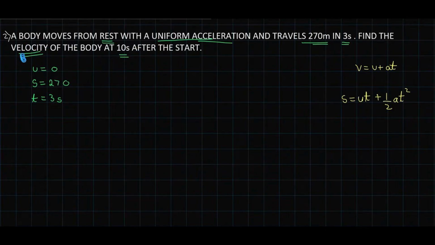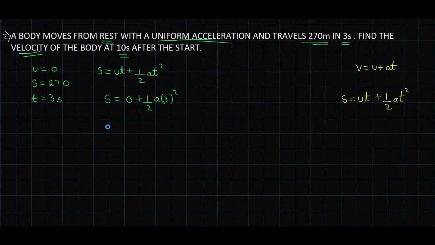To find the final velocity of the body after 10 seconds, we have to know the value of acceleration, which we can obtain from this equation right here. So we write S equals UT plus half AT squared, and then we substitute these values in this equation. We get S equals U, given to us as 0, so the whole term becomes 0, plus half acceleration A times t, which is 3 seconds, squared.